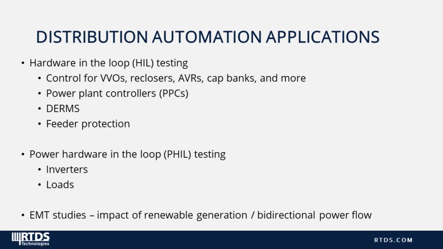And this can be used for inverter testing at the distribution level. And finally, outside the hardware in the loop application, real-time EMT simulation can be used for operational studies for distribution systems, understanding system performance with a high penetration of renewables with the detail offered by EMT, the ability to simulate and study low-level controls and fast transients.